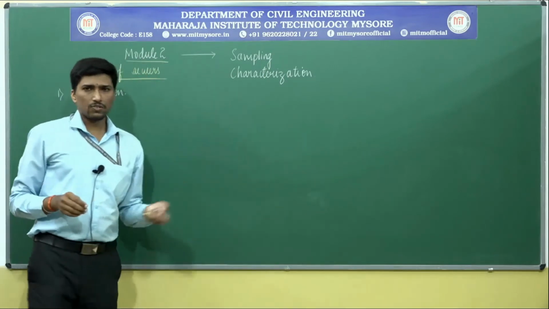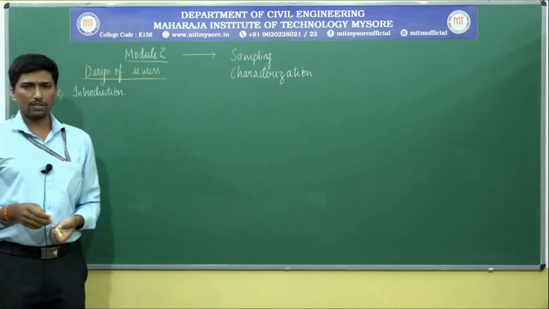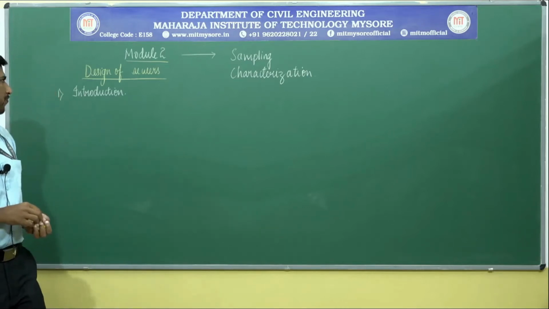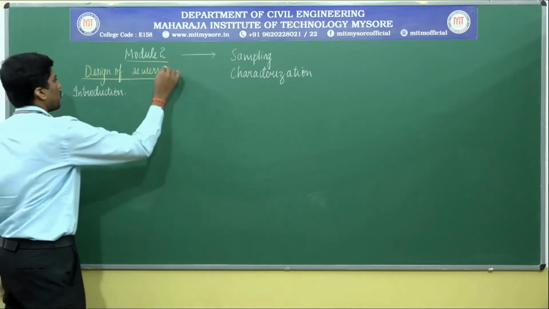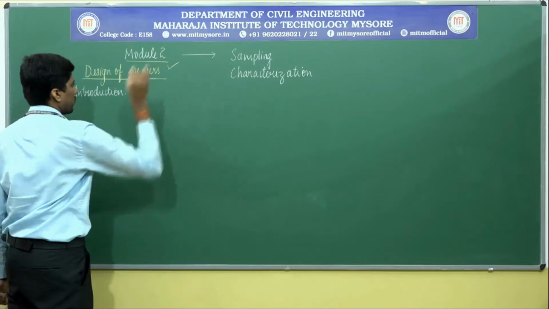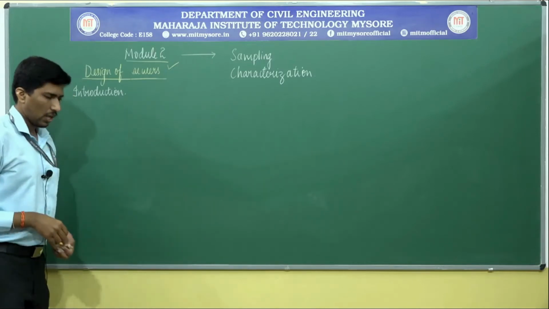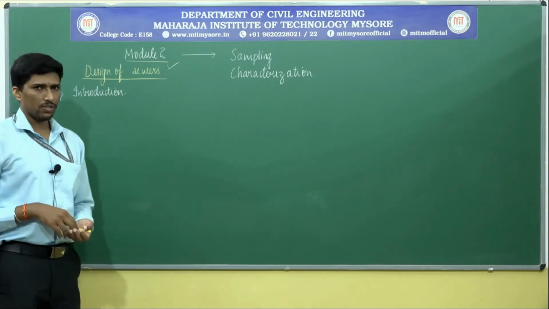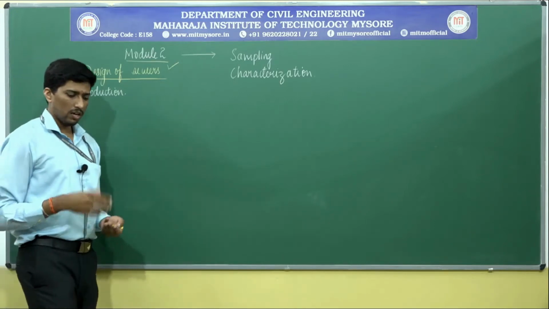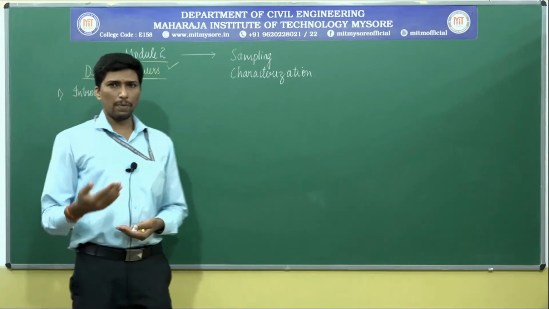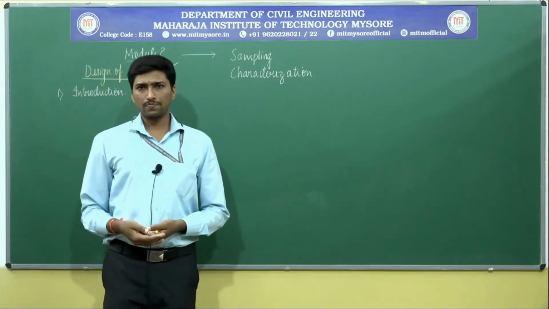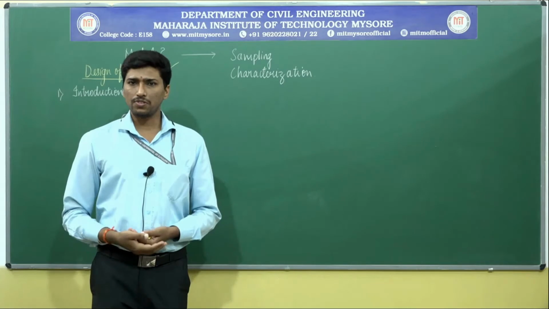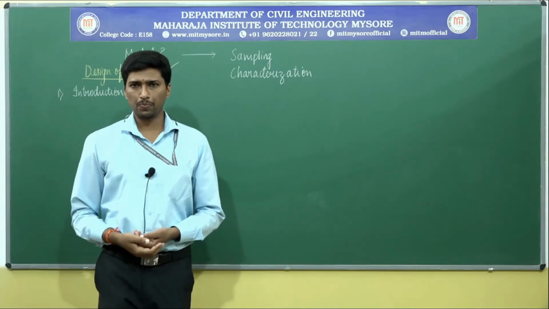Studying all these things will be taken up on the later part. But now, we shall take up this topic related to the designing of sewers. I will introduce the contents for the designing of the sewers, and we shall discuss the topics as well as the subtopics in the upcoming series of sessions in module number 2.